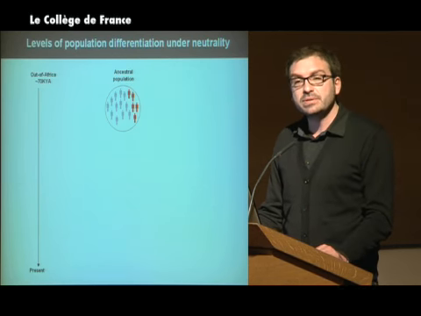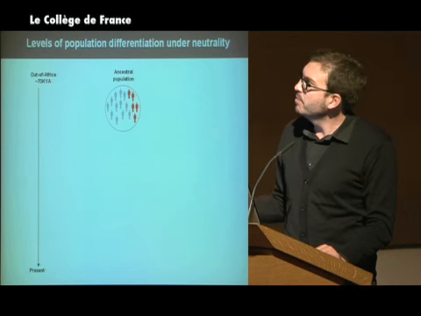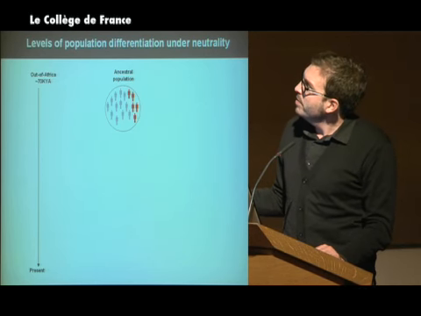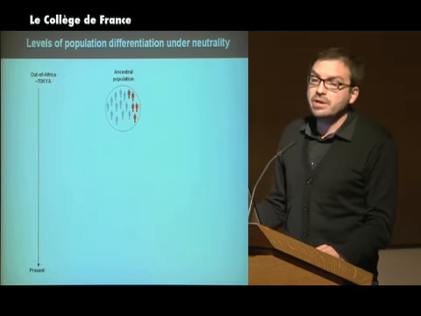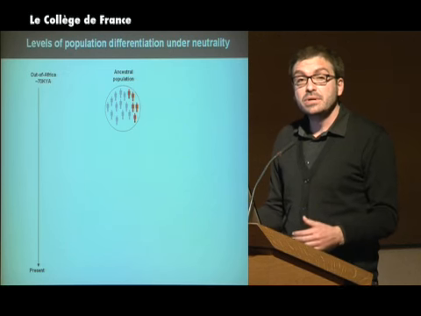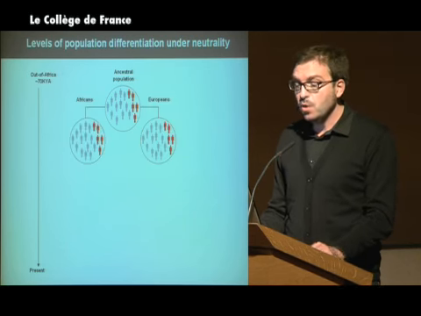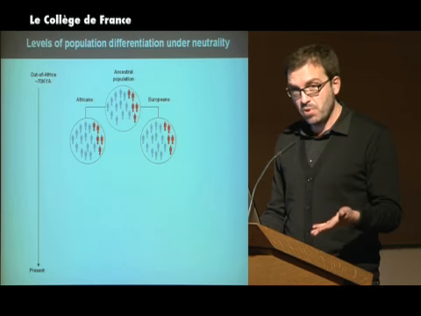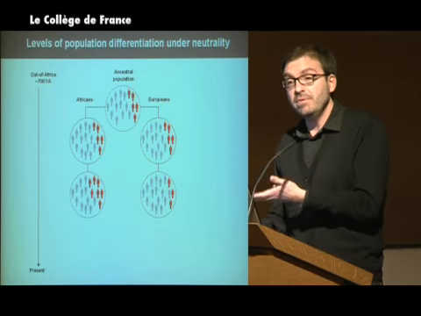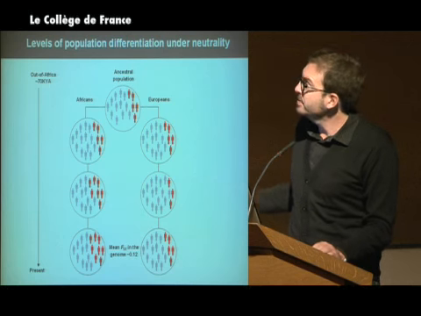So for that, let's try to go back to before the differentiation of modern humans. We come from an ancestral population in Africa. Imagine that there was a mutation here in red that was neutral. Then there was the split of the ancestral African population into what eventually became modern Africans and what eventually became modern Europeans.